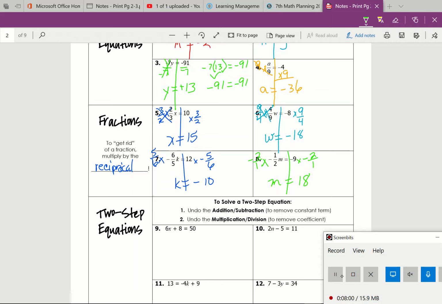And I kept the negative because tic-tac-toe says a positive times a negative gives me a negative. And over on number 8, we flipped the negative 1/2 upside down to make negative 2/1 and multiplied that to get a positive 18. Just flip the fraction upside down and multiply.